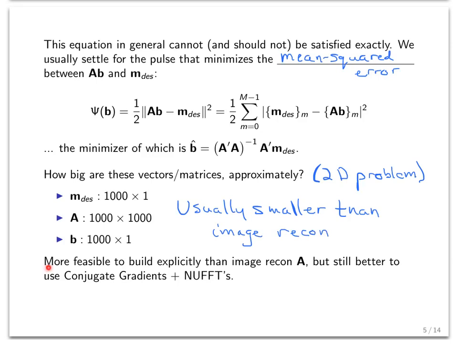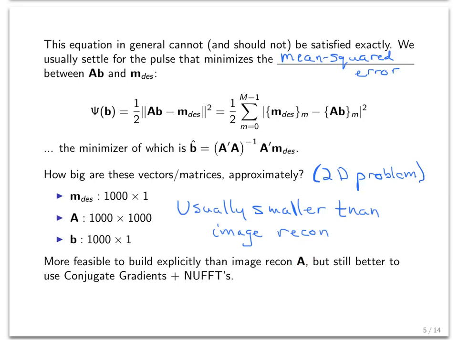It's more feasible to build this matrix A explicitly than the image reconstruction matrix A. We talked about in the homework how it was very difficult to instantiate an entire image matrix A at normal clinical spatial resolution.